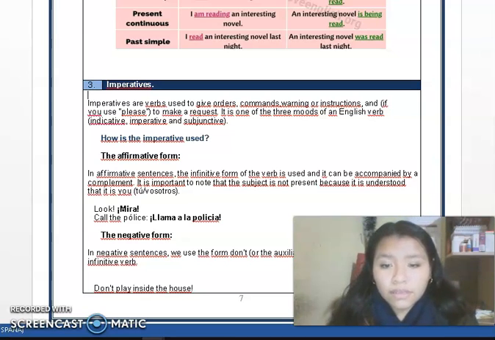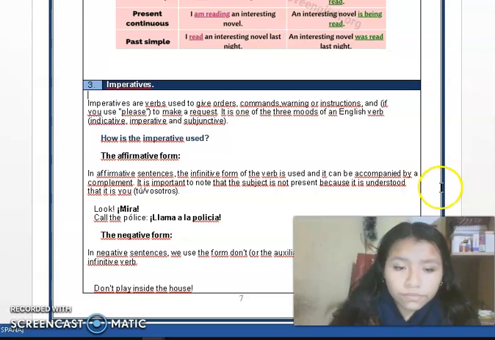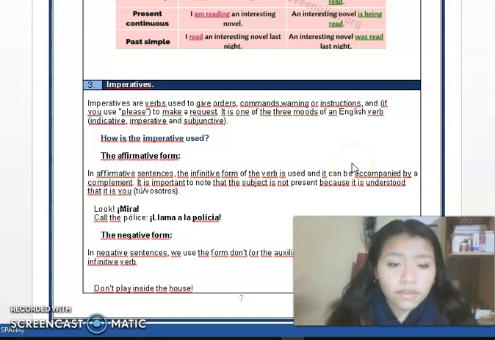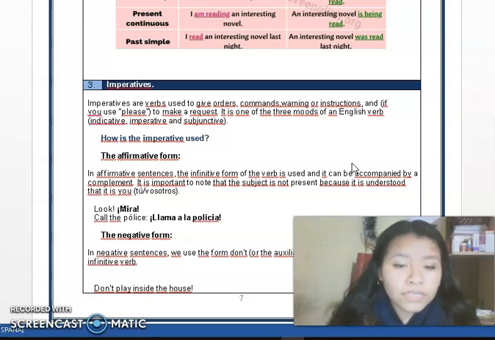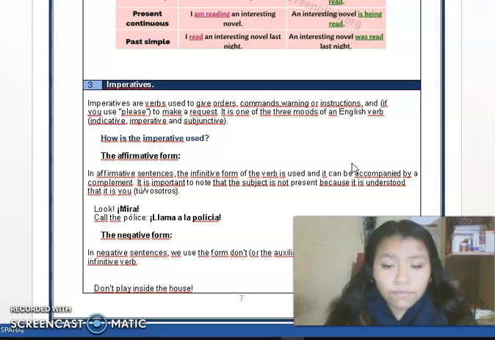The negative form: in a negative sentence we use don't, or the auxiliary do plus not, followed by the infinitive verb. Don't play inside the house. Notice other uses of the imperative.